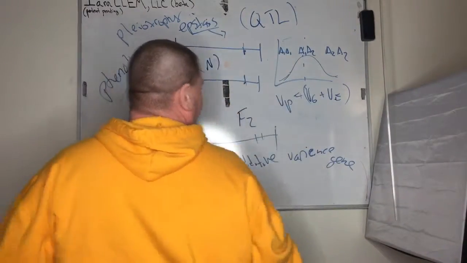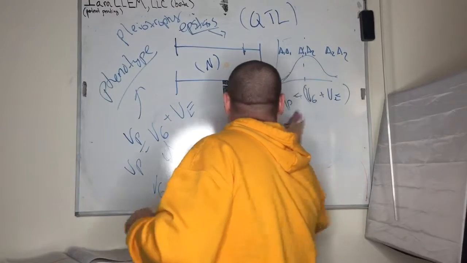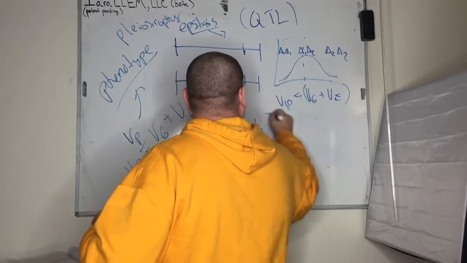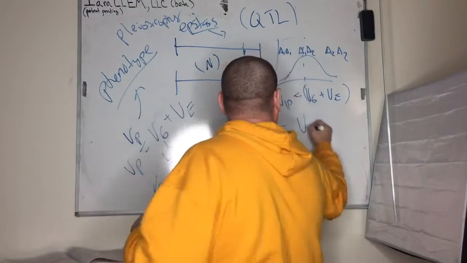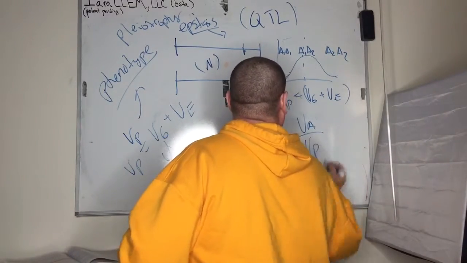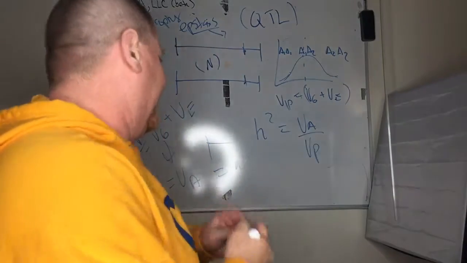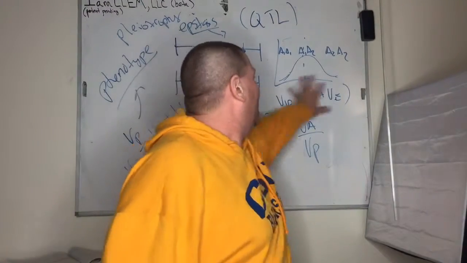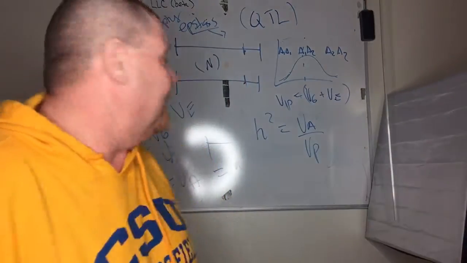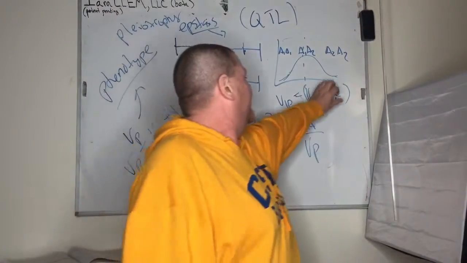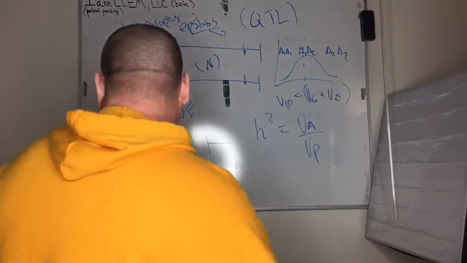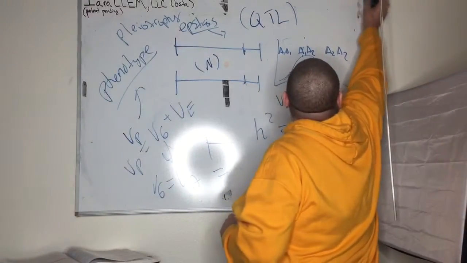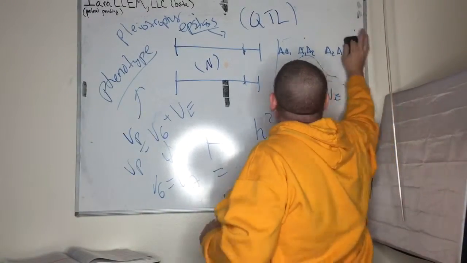How this all passes down is, and I'm just going to throw this up here real quick, H2 equals VA over VP. Yeah, that additive over this, right? And this, right, is all of that together. But what they like to do is take this out and then know the ideal model of that.